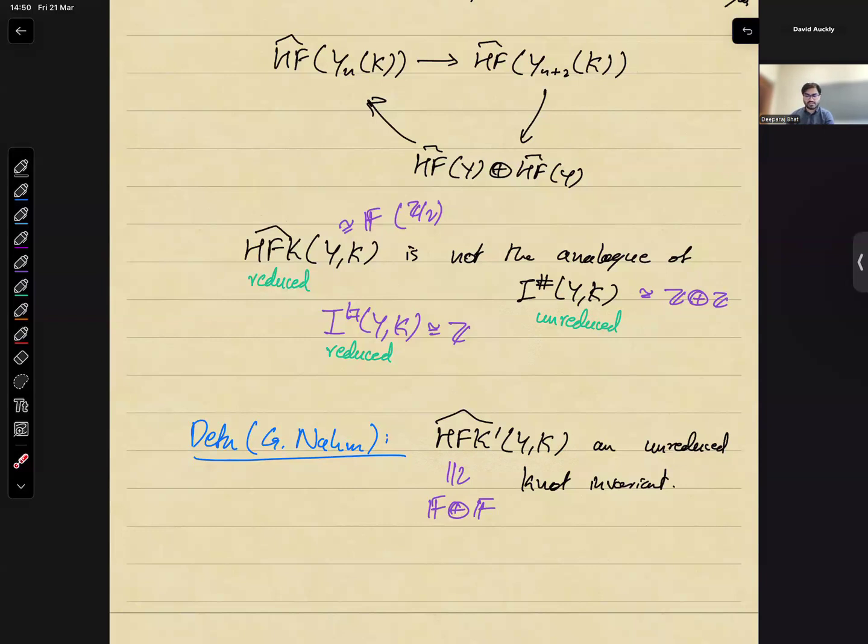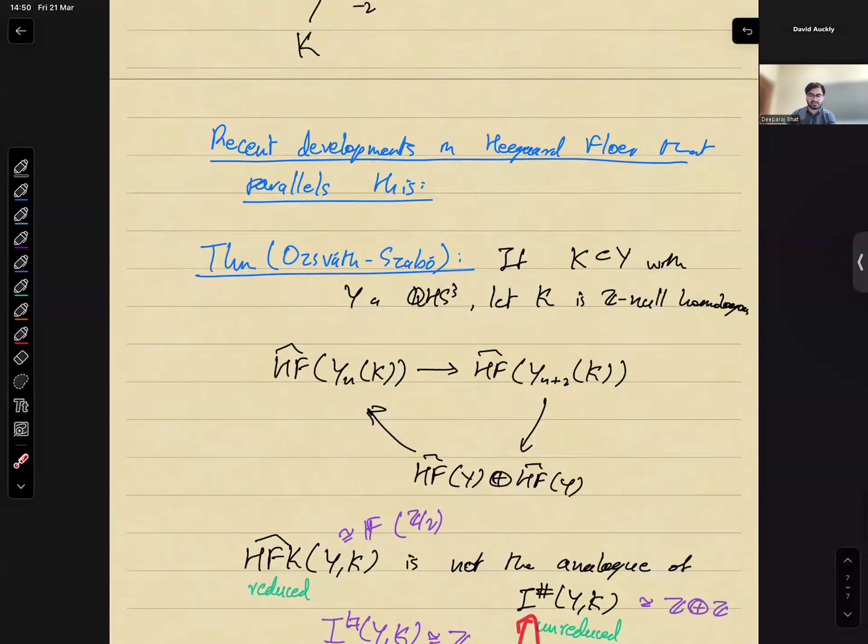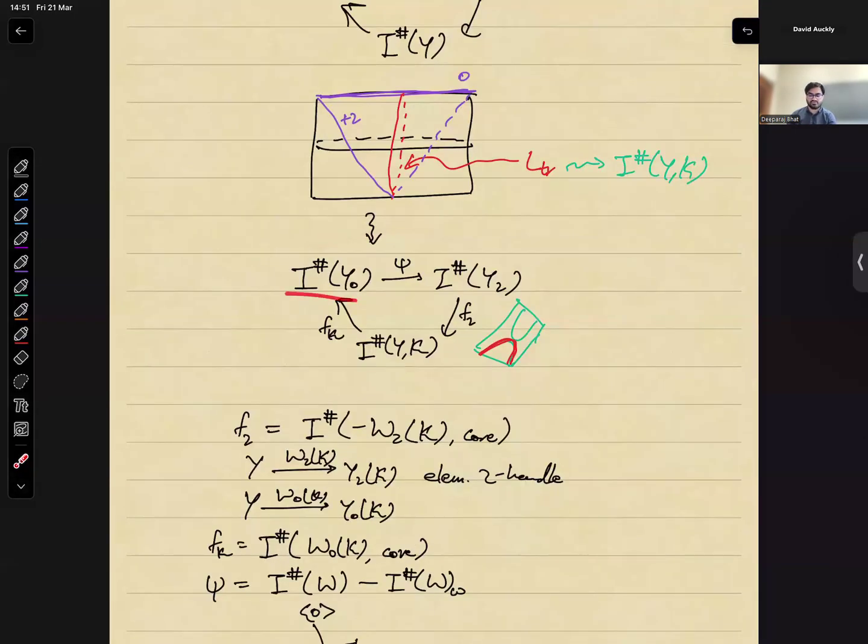But yeah, I guess for credence as to why one might expect these to be related, it agrees for the unknot and this triangle is the same. So if you go with the fact that this agrees with Heegaard Floer for complex coefficients, then one could think that maybe this map was the same.